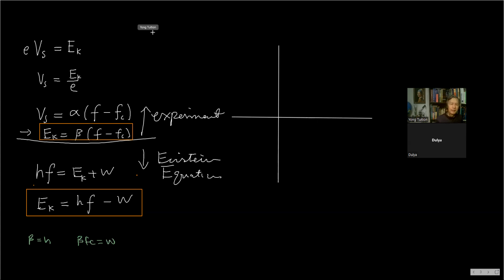So if you draw this diagram, this time I use EK, the kinetic energy, and this is the frequency. For a given material, a metal, there already exists this straight line. The slope is always determined by the Planck constant. However, the cutoff frequencies vary.